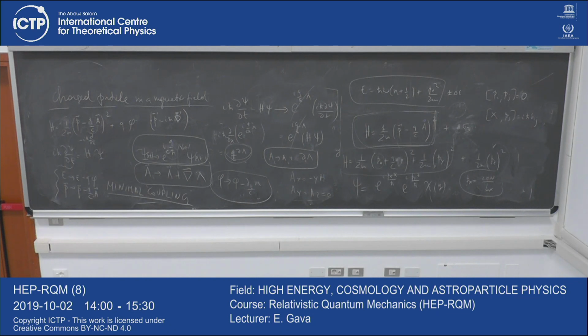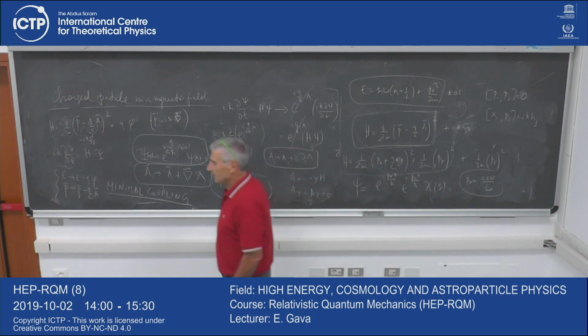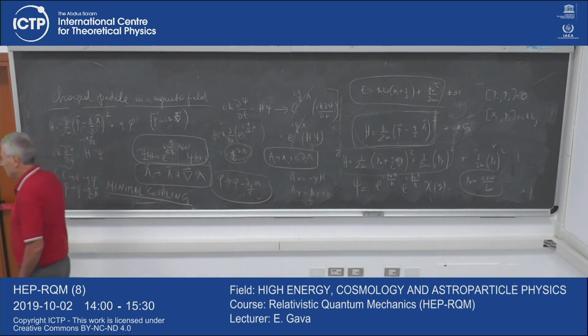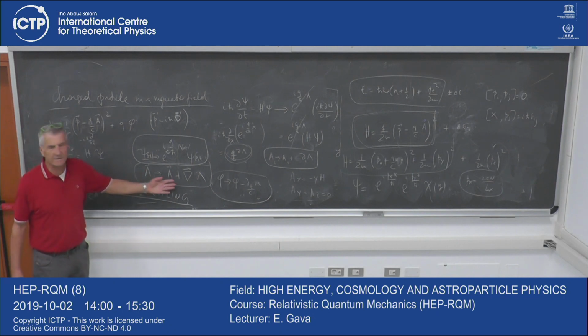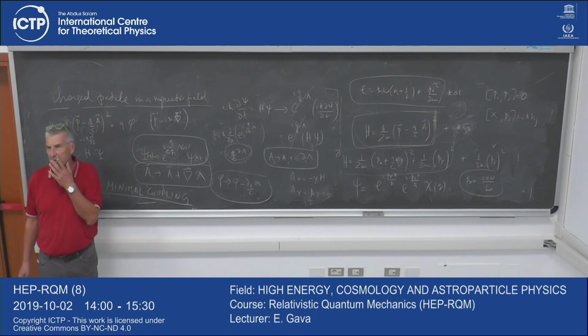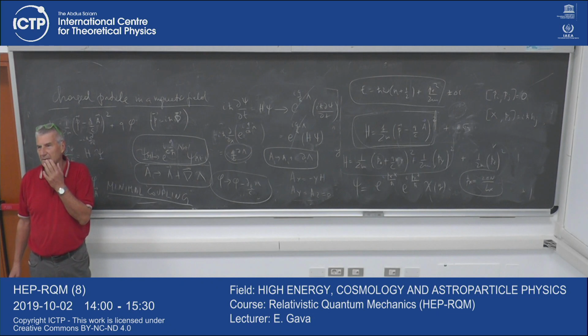So this is a very important principle. This minimal coupling is the way you introduce, as you will see in quantum field theory and QED, the coupling of some matter field, like the electron, to the electromagnetic field. Of course, here we are considering the case where this is an external electromagnetic field, which does not have its own dynamics.